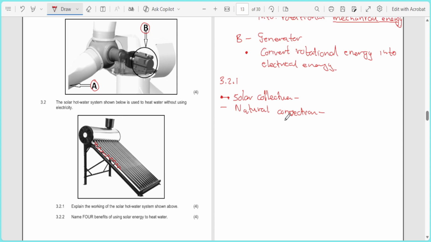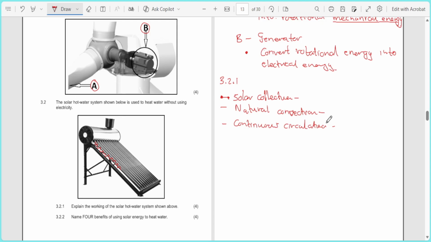So the natural convection, so the heated water is now collected and transferred to the household without mixing. Okay, without mixing. Then we're gonna have this continuous circulation. We're gonna have a continuous circulation. There's gonna be the cooler and denser water that sinks back to the collector bottom, right?